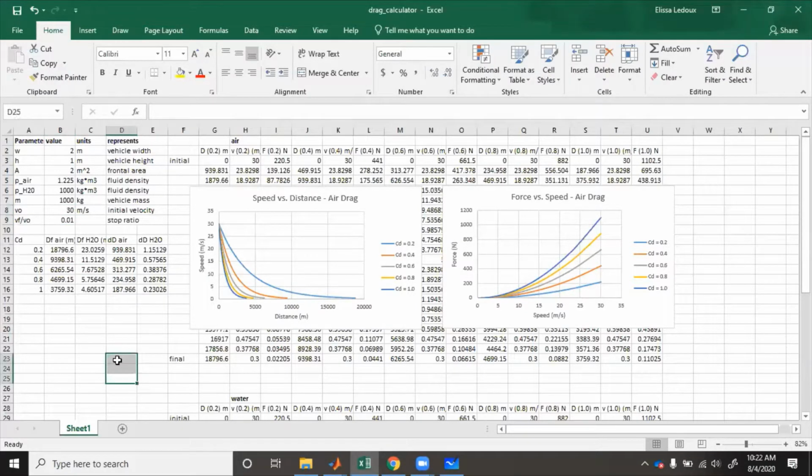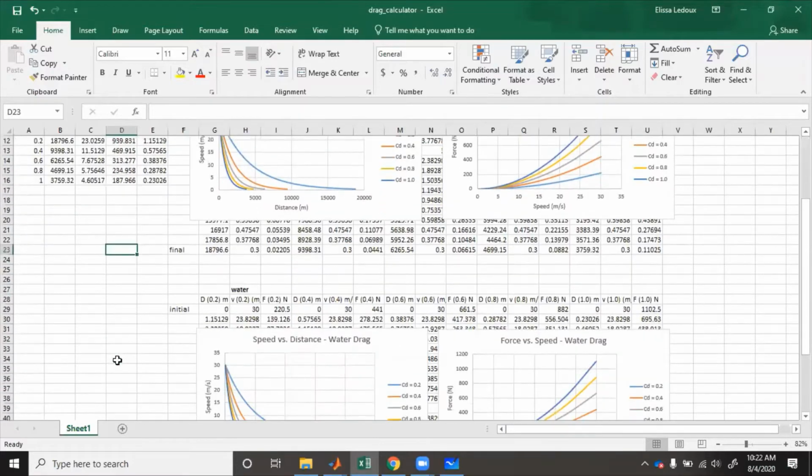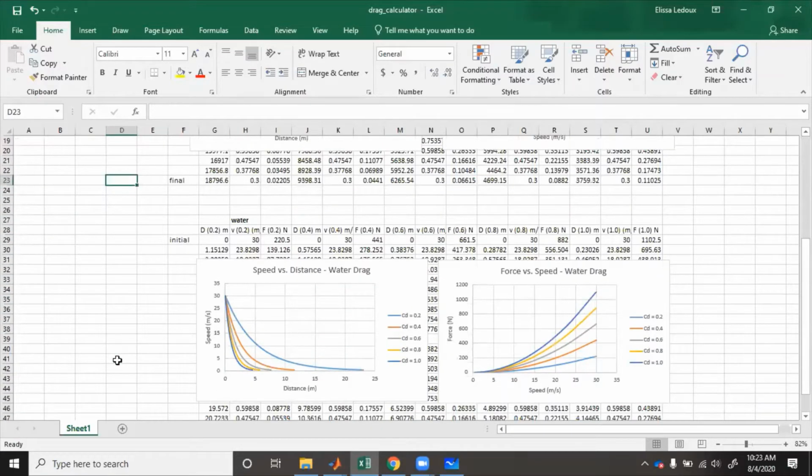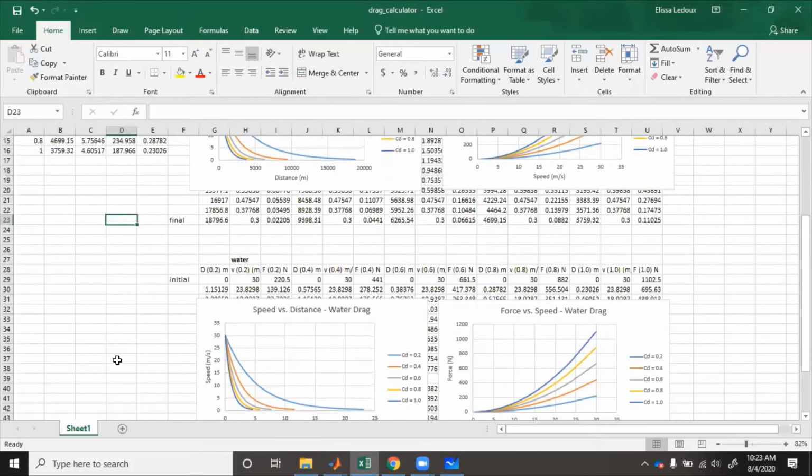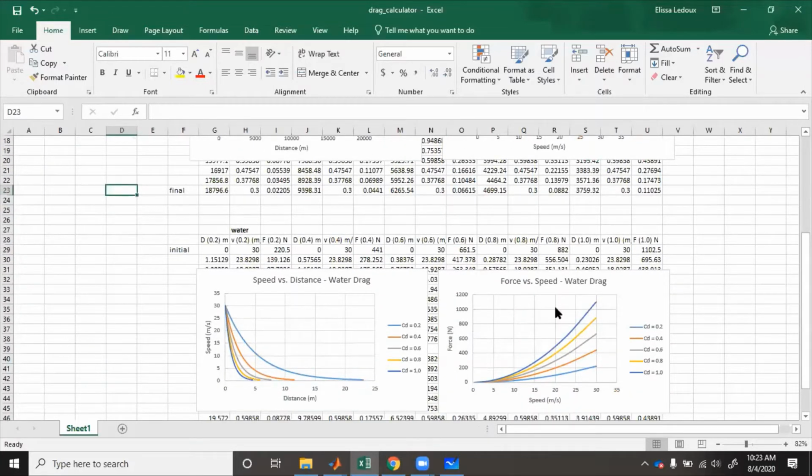And then for water, you can see the graphs for water look exactly the same as the graphs for air, except the numbers on the axis will change because the fluid has a different density.